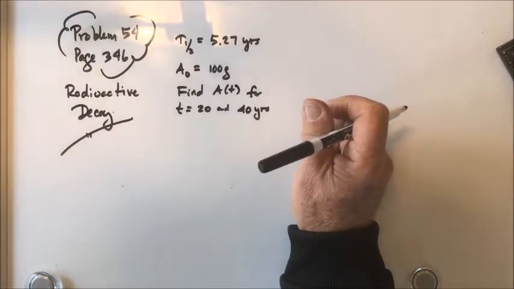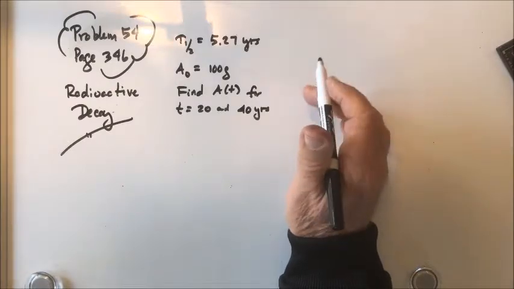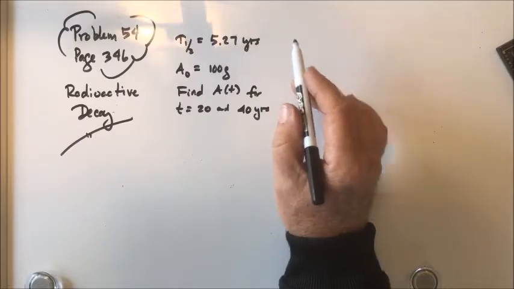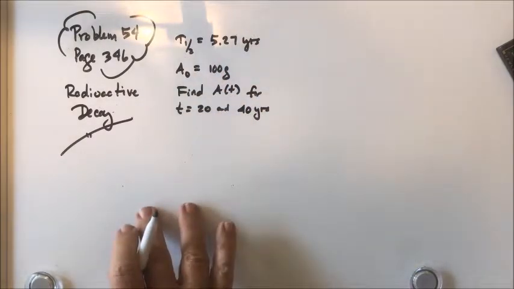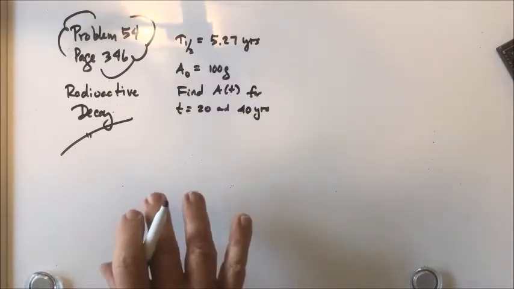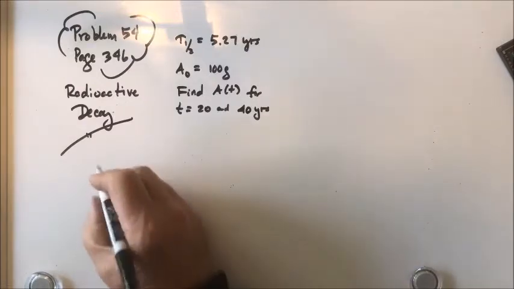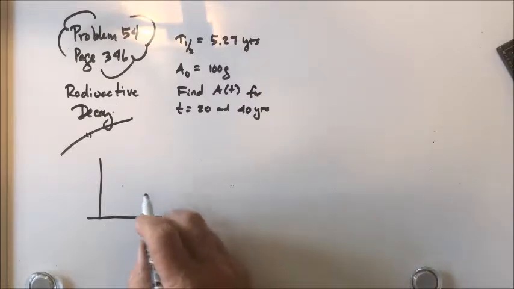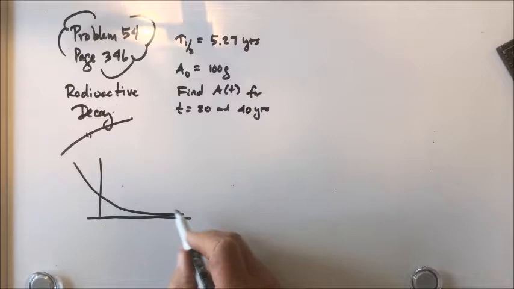So a couple of things about this problem. It's a good time to talk about half-lives. I think we've talked about them in class beforehand. A half-life is a fixed time for exponential decay. It's a fixed time over which the function decreases by a factor of 2. So I'm going to draw this and then erase it later. Here's some exponential decay.